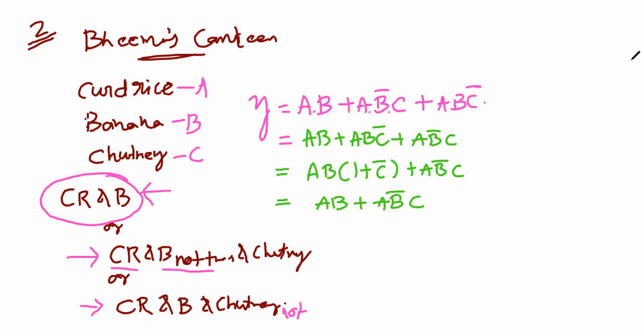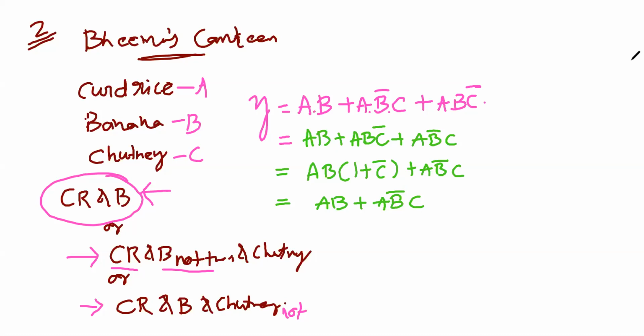B plus B complement C. Will it reduce to some useful expression? Reduce yourself and tell me. A and B plus A and B complement C plus A B C complement.